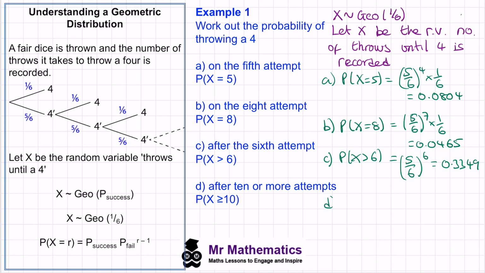And then for part D, getting a 4 after 10 or more attempts, we could get it on the 10th attempt, which means we would have had 9 fails. So the probability of X being greater than or equal to 10 will be 9 fails, so 5/6 to the power of 9, which is 0.1938. Okay? And in example 2, we're going to look at the cumulative geometric distribution.